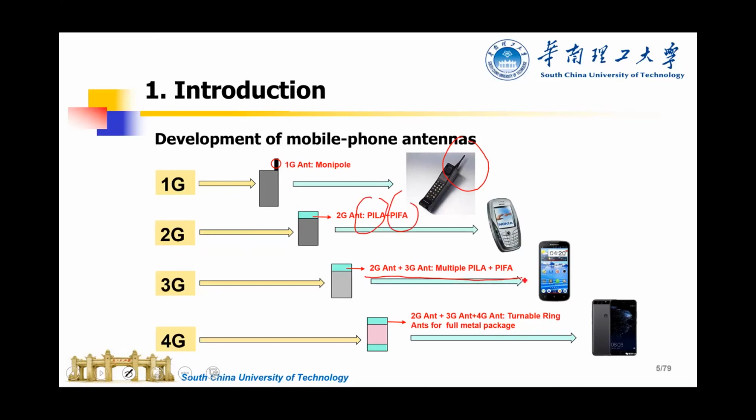In the 4th generation, the MIMO antenna was first introduced in the mobile phone.